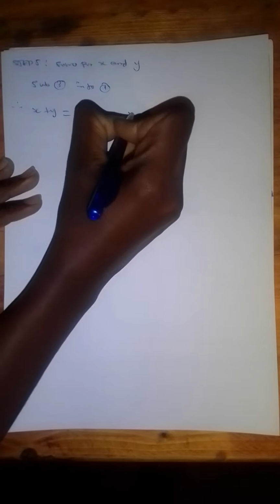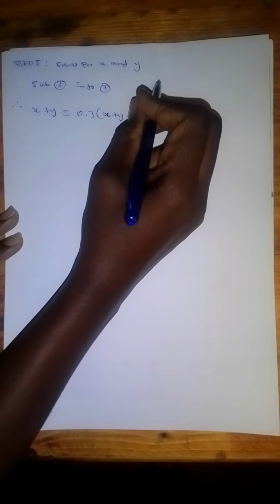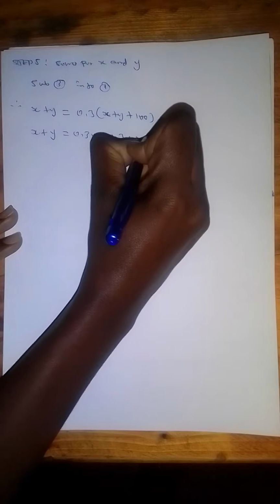Therefore, x plus y is equal to 0.3. Now here there was z, and we're substituting the other equation, so it's x plus y plus 100. Simplifying further, it gives us x plus y equals 0.3x plus 0.3y plus 30.